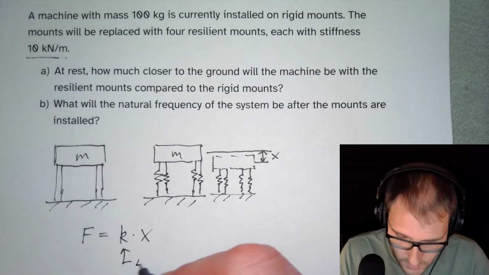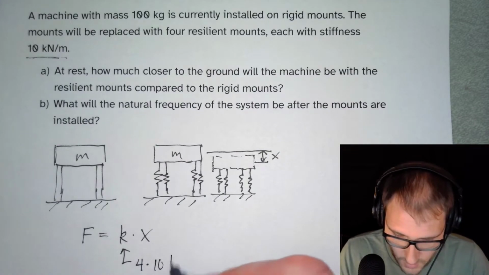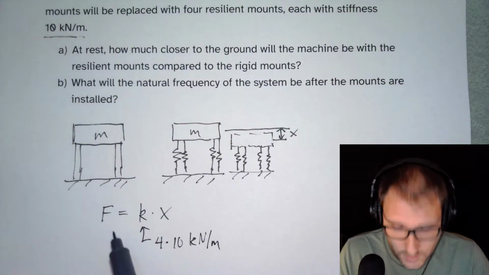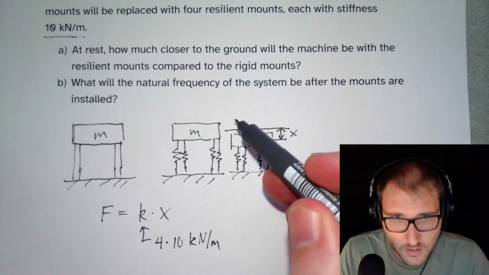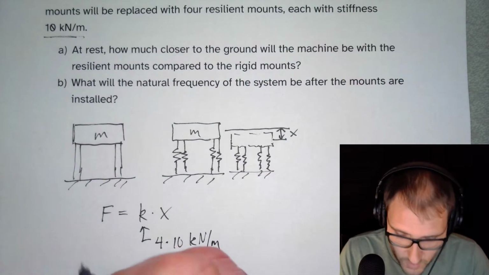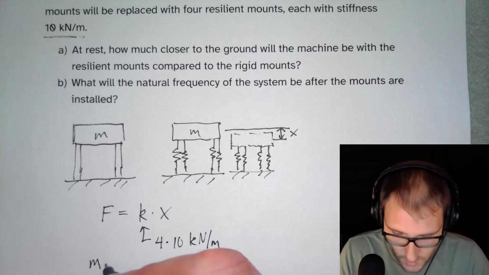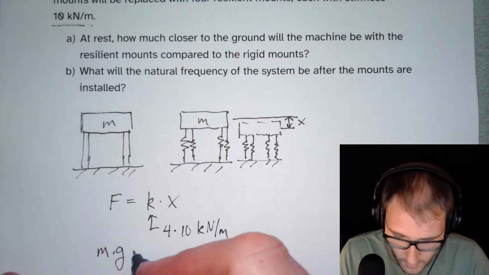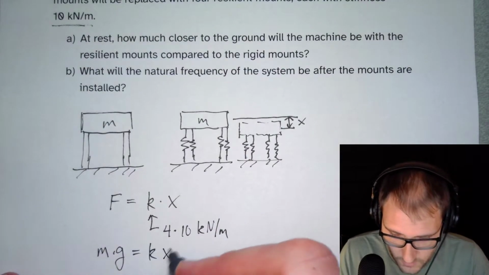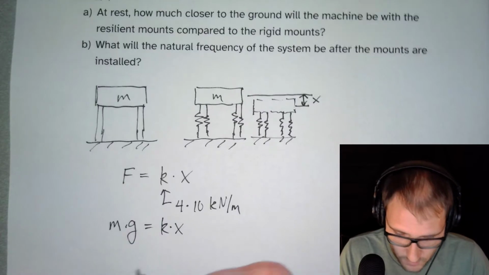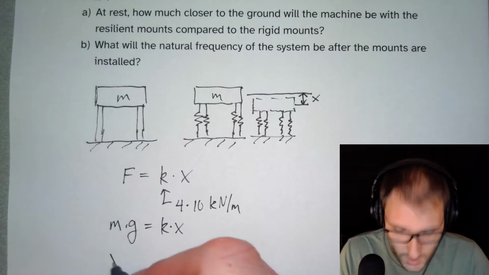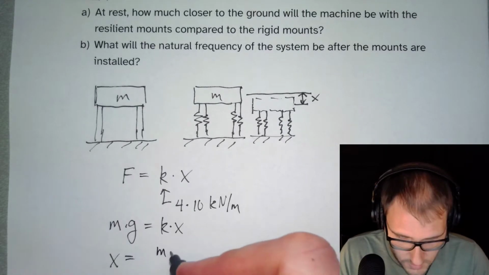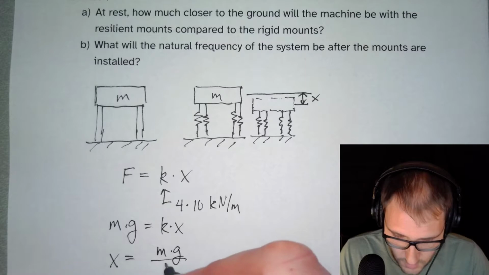So we're going to say this is 4 times 10 kilonewtons per meter. The force that we're looking at is just the weight of the machine. So the weight is the mass times acceleration due to gravity. So mass times gravity is k times x, and x is what we're solving for. So x is equal to mass times gravity divided by stiffness.